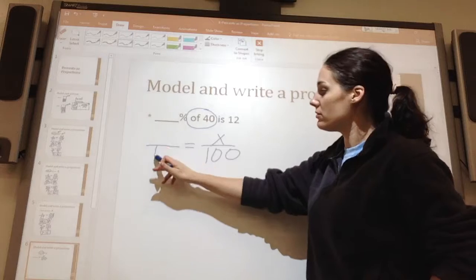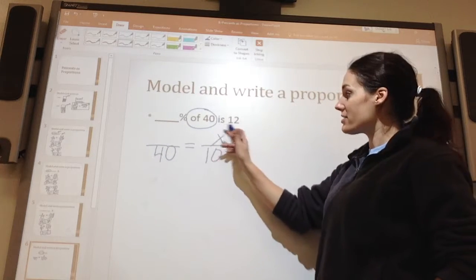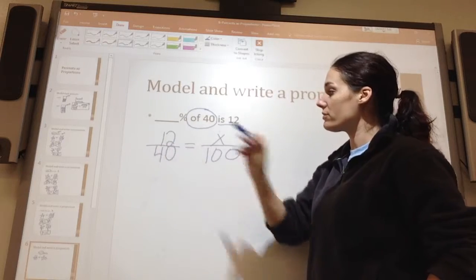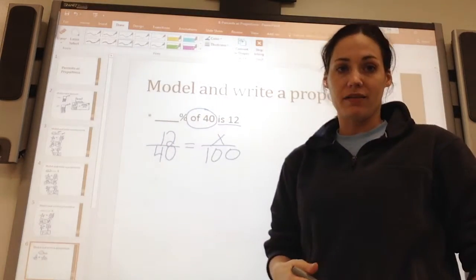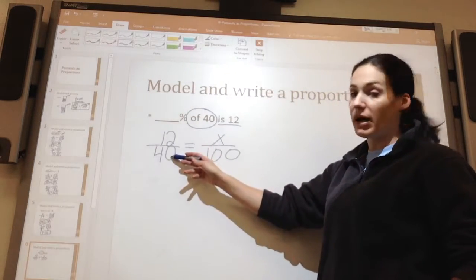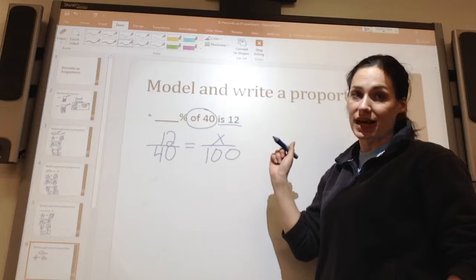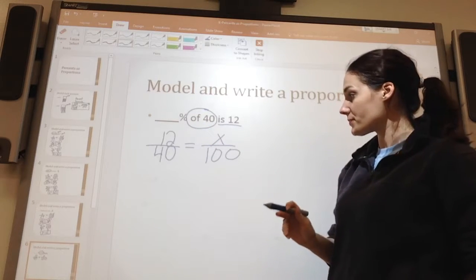Of 40, that goes in the bottom, that's the total. Is 12, that's the part. The part is connected with the is, the total is connected with the of. Do not go by bottom number is bigger than top number, that does not apply.